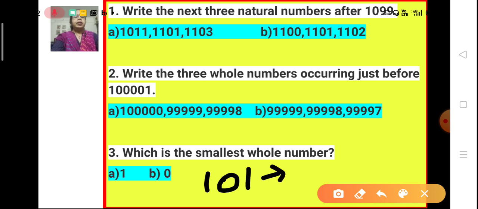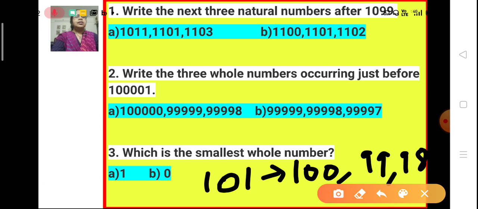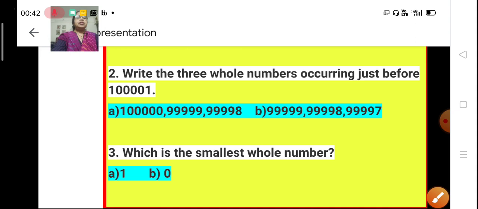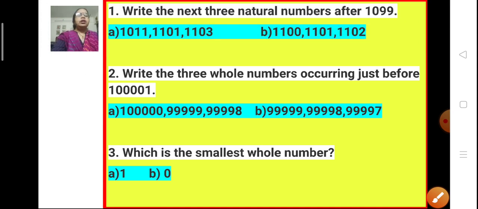They will be 100, 99 and 98, isn't it? Similarly, you have to find the numbers occurring just before 1 lakh, and 2 options are given. You have to find the right option.